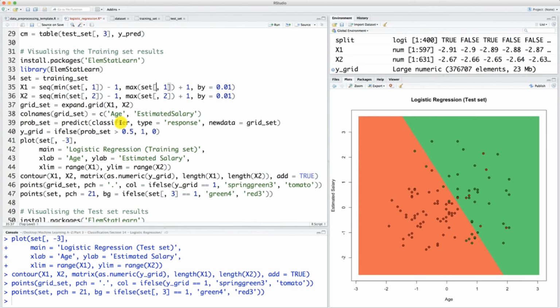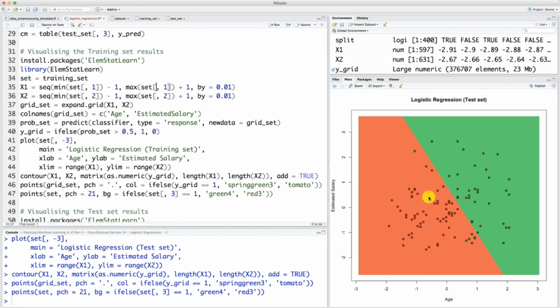Because here, that's where we use our classifier to predict the result of each of the pixel observation points, the imaginary pixel users. So we predict this, and then, since the predict function returns the probabilities, we transform it into a 1 or 0 result. That's why I call it y_grid, because it's the predictions of all the points in the grid. So that returns the vector of predictions of all the points in the grid.